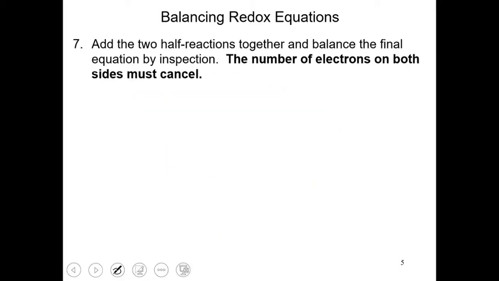Okay, so now we're ready to add them. The important thing here is that as we add the two half reactions, the electrons on both sides must cancel. And we still need to make sure that the final equation we get makes sense. So here is our oxidation half reaction, which has already been adjusted to compensate for the number of electrons required.